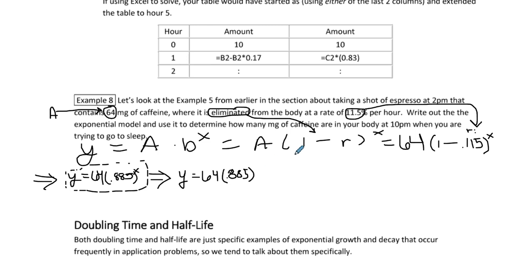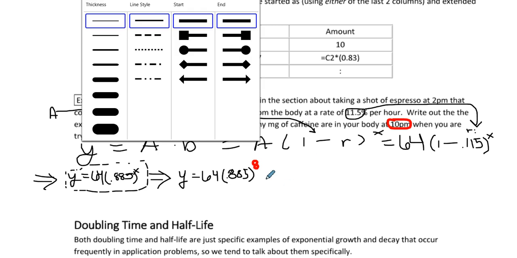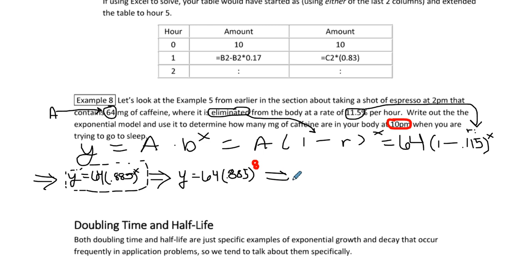And so we said we were looking for 10 p.m. We said that was going to be 8 hours later, so we are subbing in 8 for x. All right, let's see what we end up with here. We'll go to that online calculator.